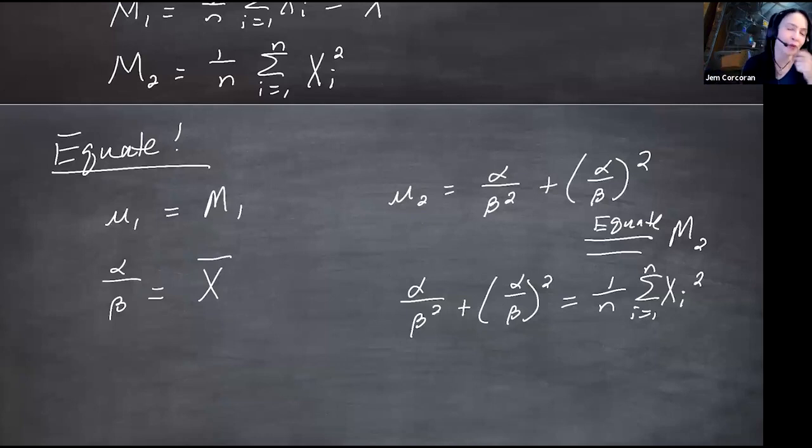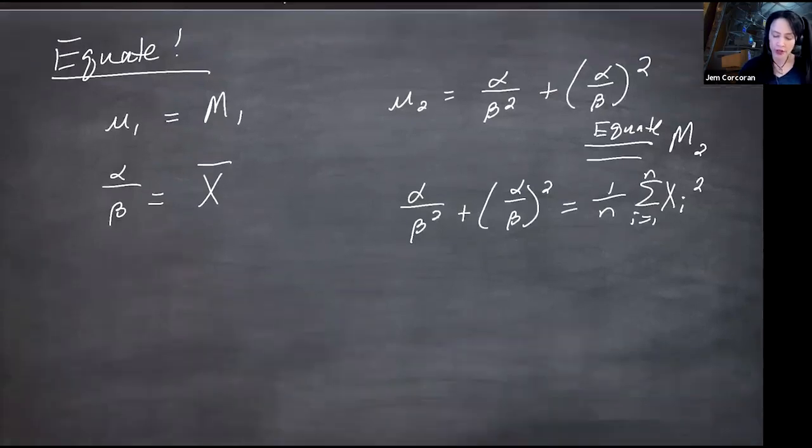Honestly, though, you might want to work with the M2 until the very end because we're going to be solving a system of equations and dragging around this big statistic. We want to solve this system simultaneously for alpha and beta. And in this case, we can do something easier than trying to isolate, say, alpha over here and then plugging it into the other one. That's because we've got x bar equals alpha over beta.